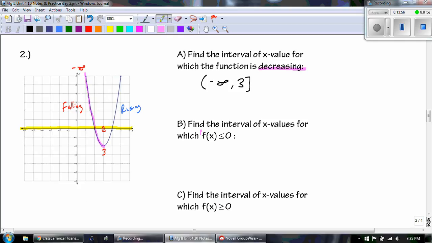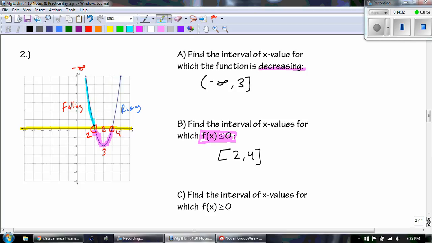So next is we're looking for when is it less than or equal to 0? Well, less than or equal to 0 is the whole time that it is below the x-axis. And we are below the x-axis from 2 to 4. Okay? So we would say that from 2 to 4, we are less than or equal to 0. And then the last one, number C, is saying, hey, when is it above?